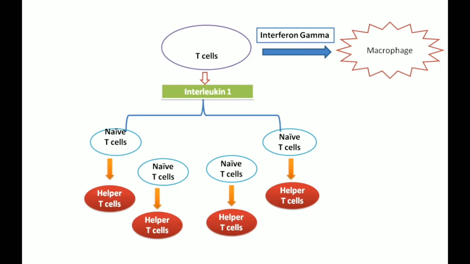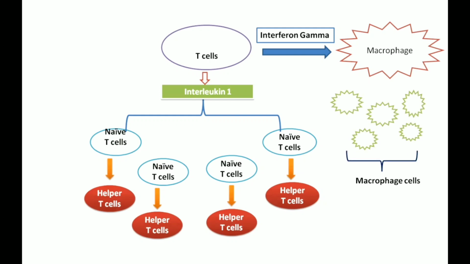So there are different types of interaction going on, which will form a signal to the macrophage to engage more and more macrophage cells or dendritic cells. The interferon gamma will act on many other types of cells and will also secrete interleukin 4, interleukin 5.